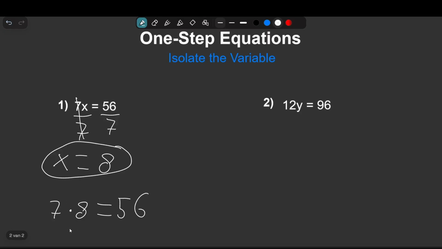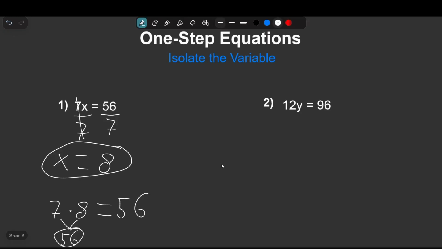Don't forget to put a times sign between them, because as I said, a number next to a variable means that you're multiplying, but a number next to a number doesn't mean anything. It is just another number. So don't forget to put the multiplication sign. And as you can see, this is the final answer because 7 times 8 equals 56. So that was the first example.